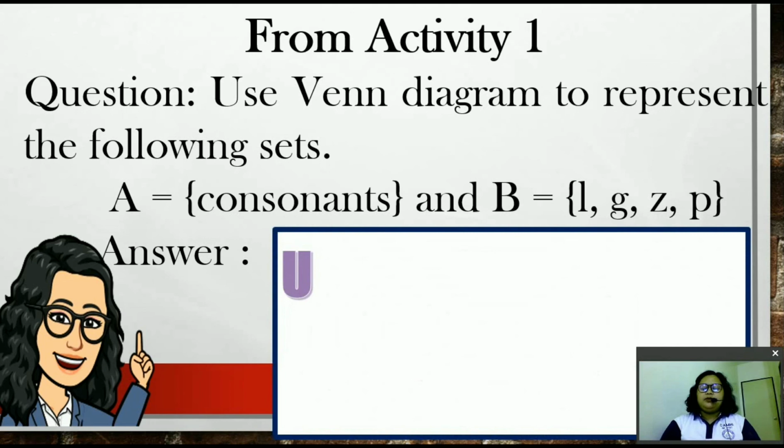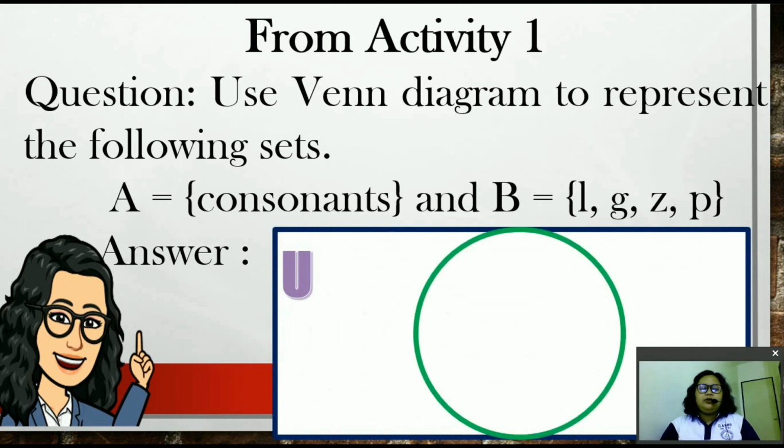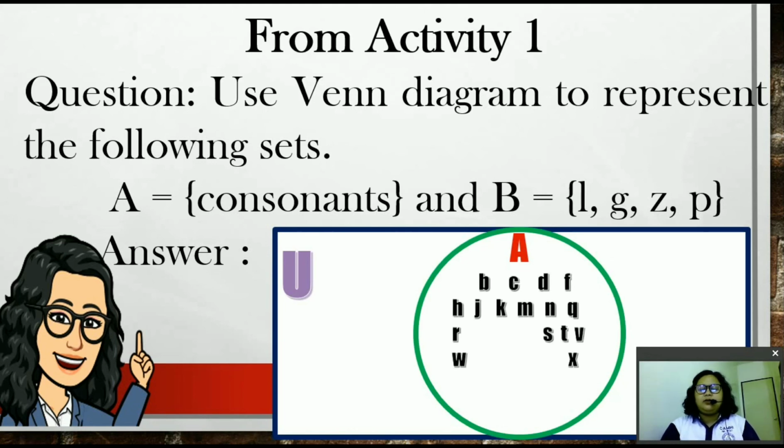So what do we do first? The first thing to do is to draw the first circle and name it as set A. Then after that, we're going to enumerate the elements of set A. So, what are those? We have here B, C, D, F, H, J, K, M, N, Q, R, S, T, V, W, X, Y, and Z.